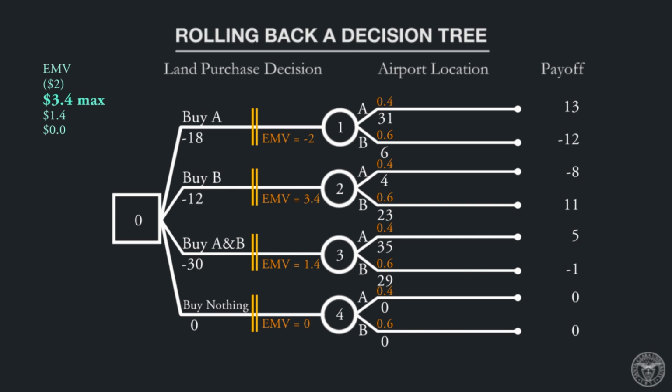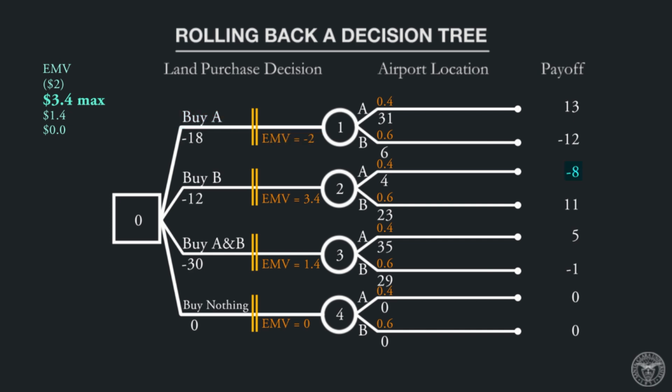For example, for decision A, we have state of nature A and B, with payoff 13 for state of nature A and -12 for state of nature B. So we use 13 times 0.4 plus -12 times 0.6. We get -2 for the expected monetary value of decision A.